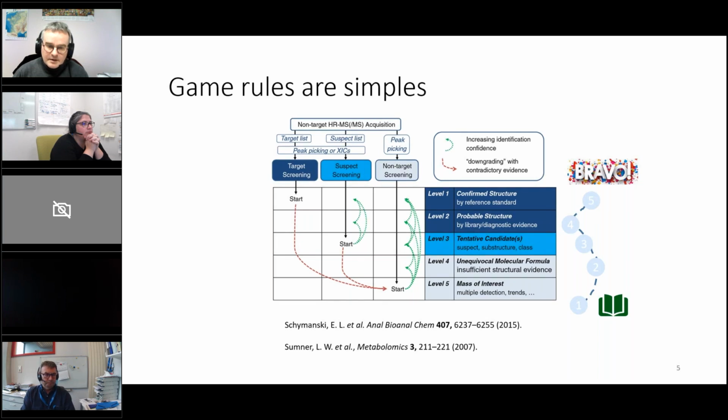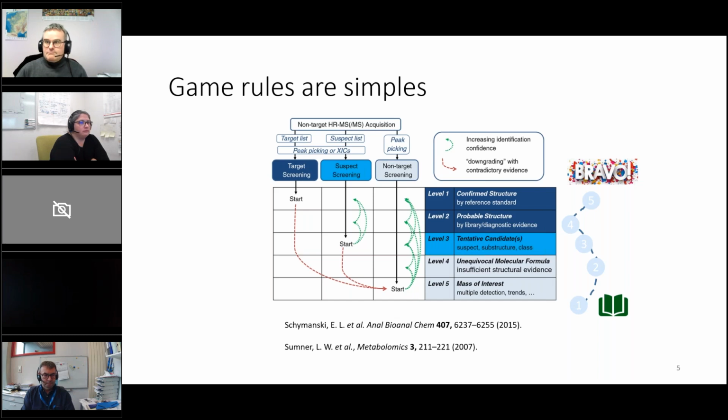And in our everyday job in the platform, people ask us to do the fully non-targeted screening approach. So we start with just an m/z and a retention time. And sometimes we have some other information like ion mobility or other UV data, let's say, for that feature.